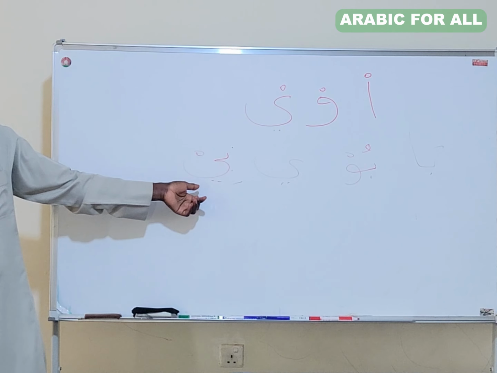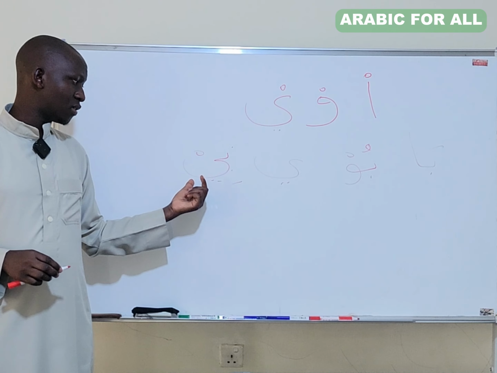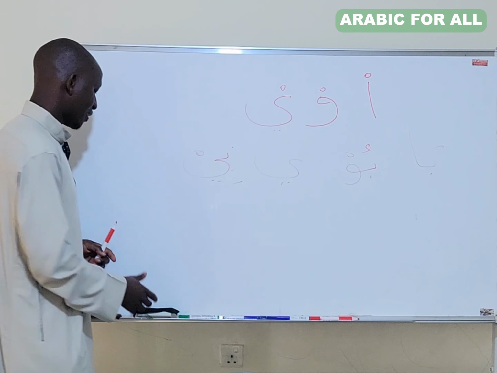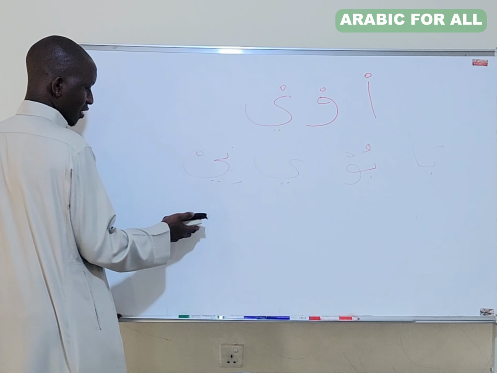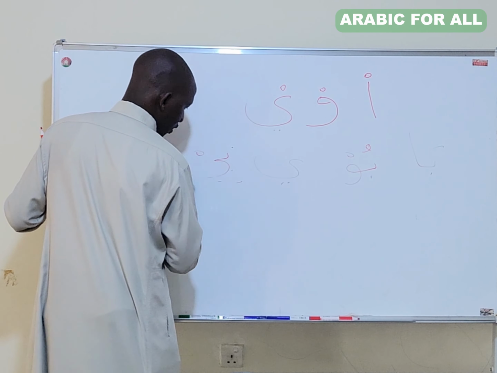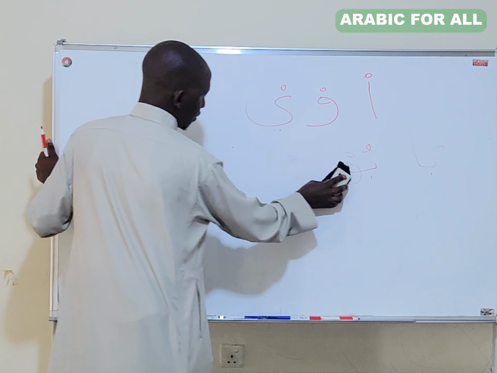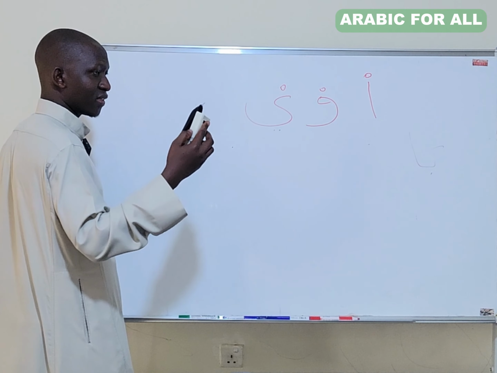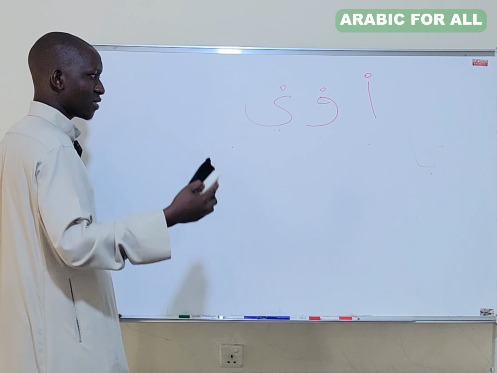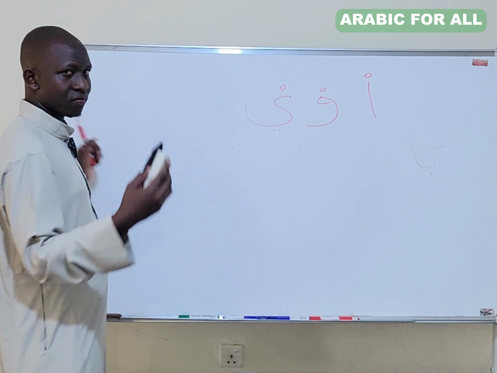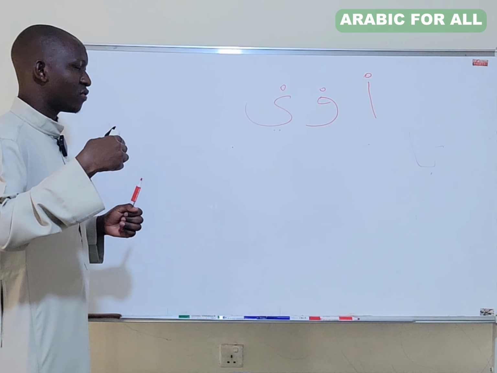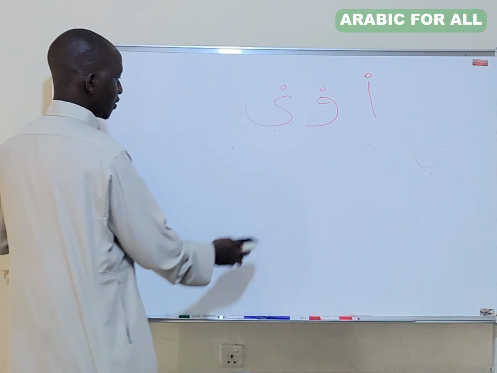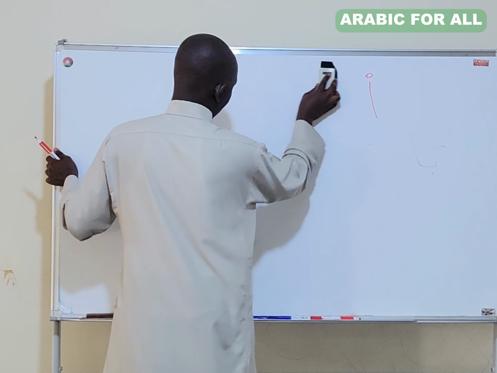It will affect the sound of the letter ba. Likewise, in all other letters, they affect the sounds of those letters as long as they have sukun and the letters have fatha or kasra or dhamma. If it is fatha, it will be alif affecting. If it is dhamma, it will be waw affecting. If it is kasra, it will be ya affecting. Yes.